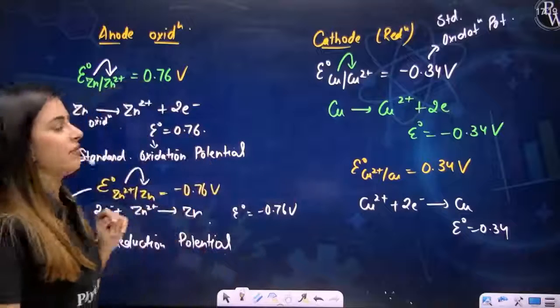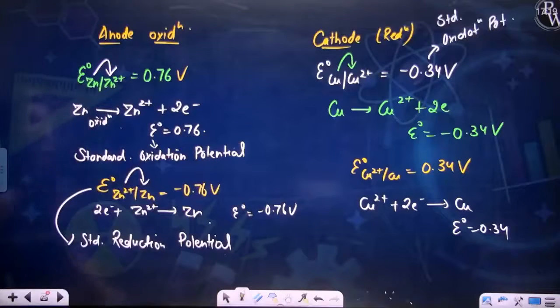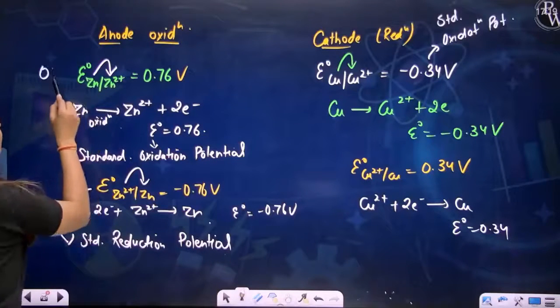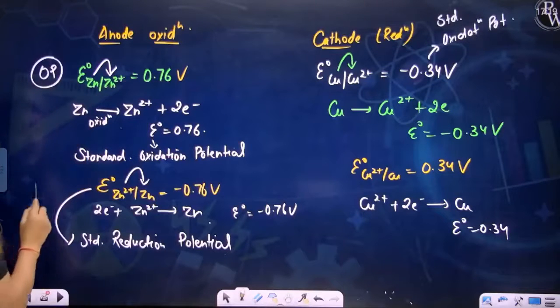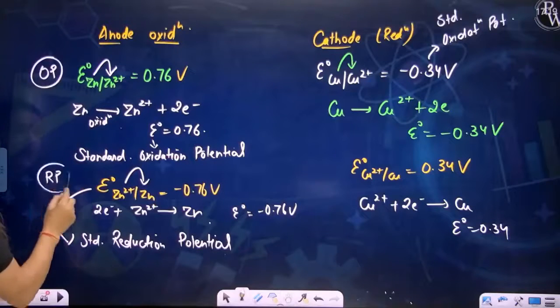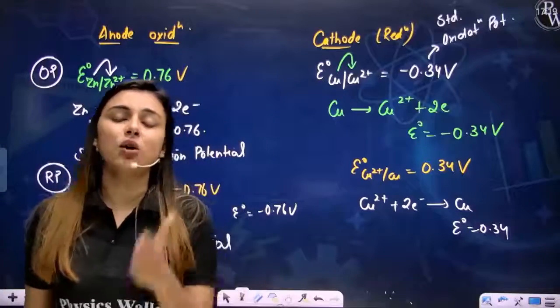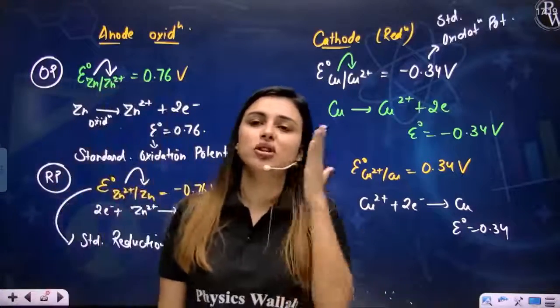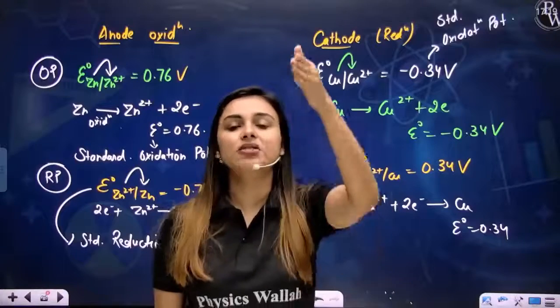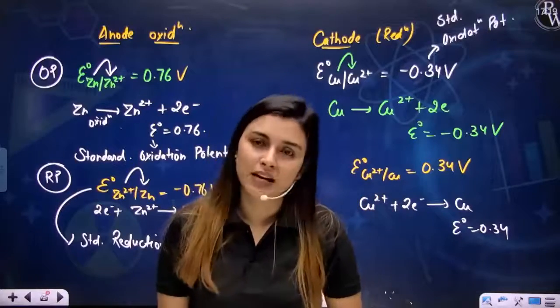Very important thing, my dear students: this is the oxidation potential of zinc and this is the reduction potential. We see that if one element wants to get oxidized, if its oxidation potential is more, then definitely its reduction potential will be the opposite sign of that.